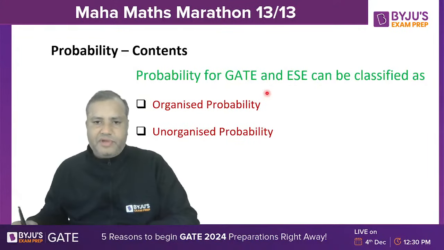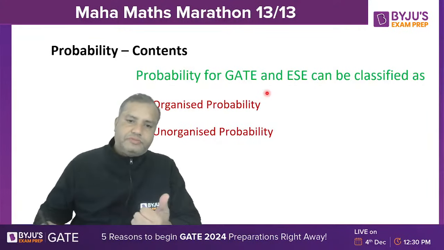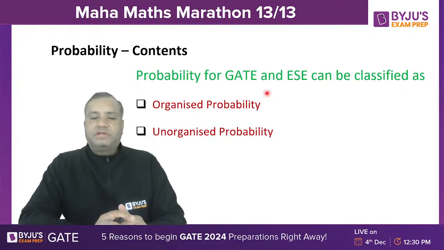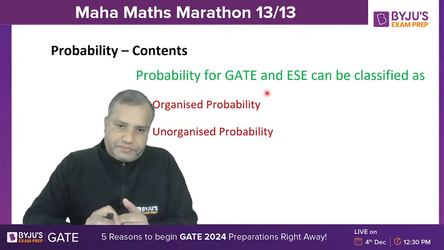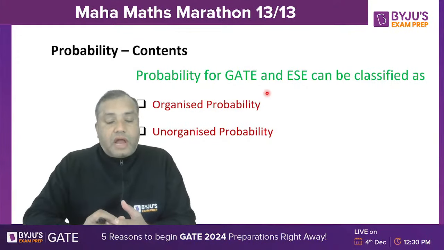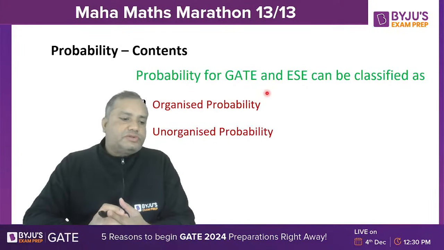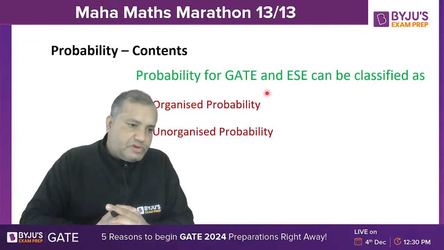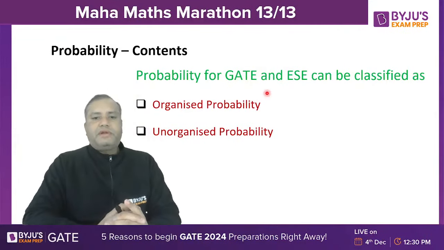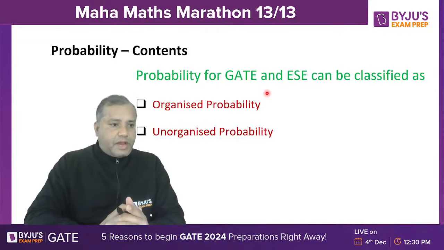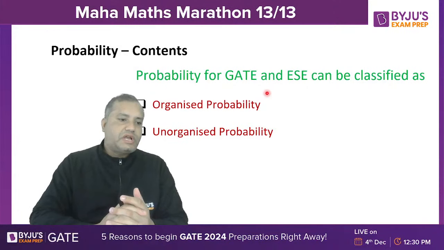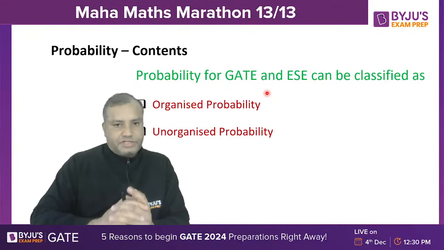Organized probability here means those problems which can be converted into some systematic probability distribution, and those which cannot be converted into some distribution will be referred to as unorganized probability. So organized probability refers to distribution and unorganized probability refers to those questions which cannot be converted into probability distribution.